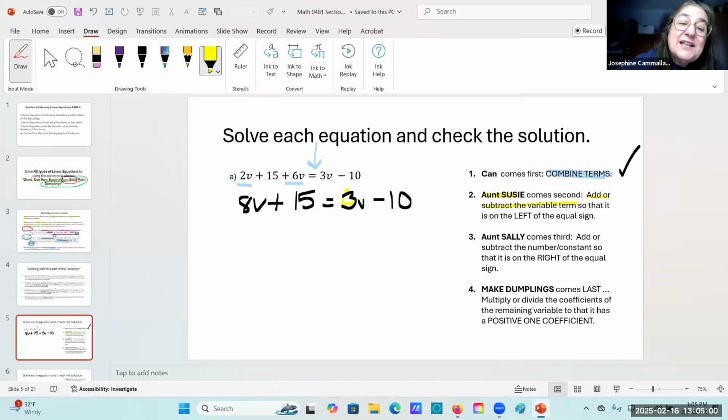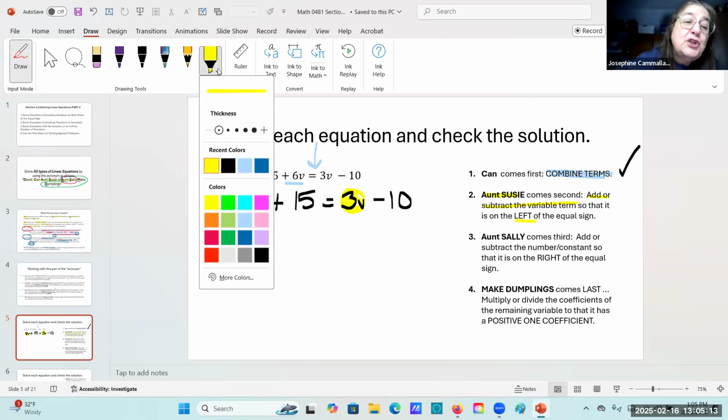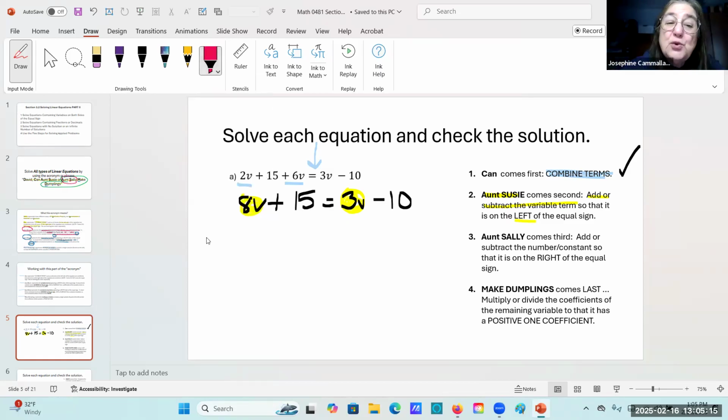Well, that means this 3v and this 8v are going to go to the left-hand side. I've got them on both sides. So what I'm going to do is subtract 3v from both sides. That's how Aunt Susie works.